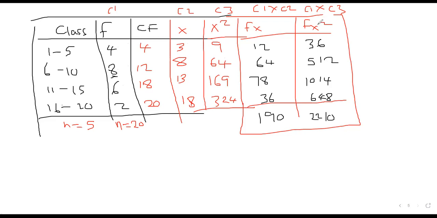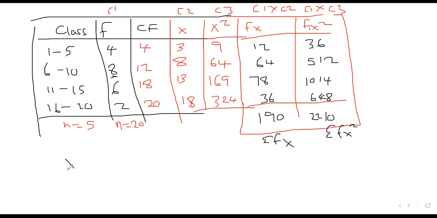Unless it was in brackets like this, that's when you're squaring out of this to get that. But this is f times x squared. Oh, okay, I get it now. All right. So this is summation of fx. This is summation of fx squared. Are we following?